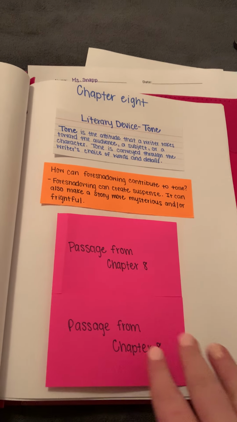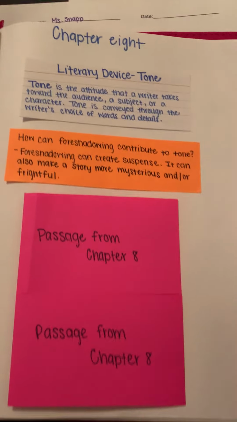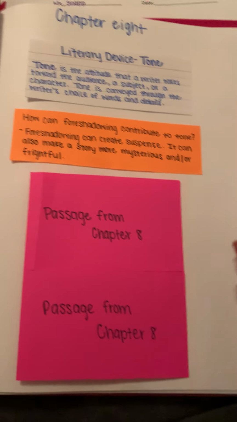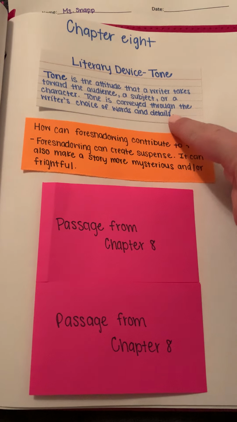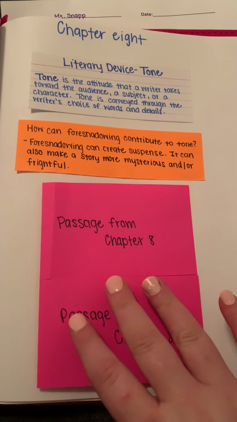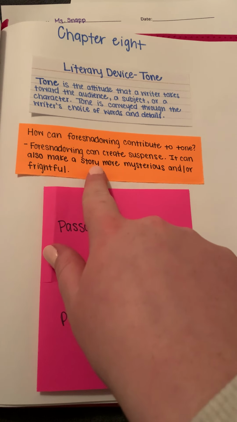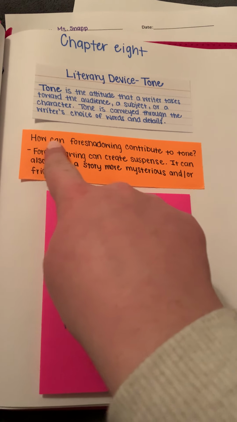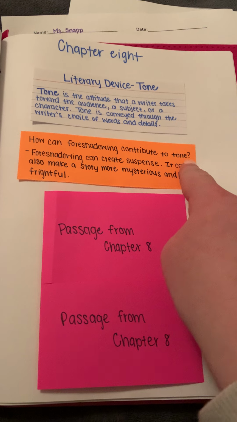In chapter 8, there's a new literary device. It is tone. Again, just a little reminder of what tone is. And then this question, they will answer: how can foreshadowing contribute to the tone?